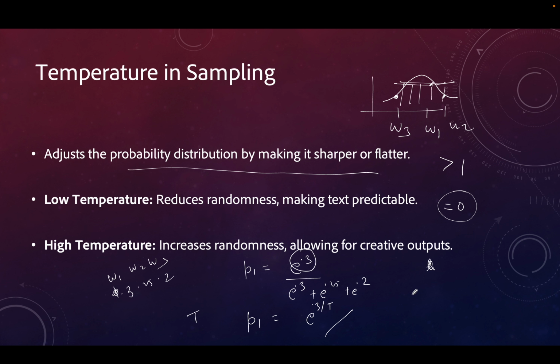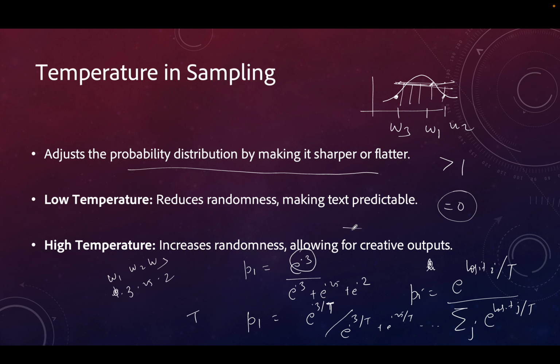So in general we can write Pi equal to e raised to logit i divided by T, then sum over j e raised to the power logit of j divided by T. So in this case e^(0.3/T) plus e^(0.25/T), and so on. So you see that if T is large, then it will flatten it, and vice versa.